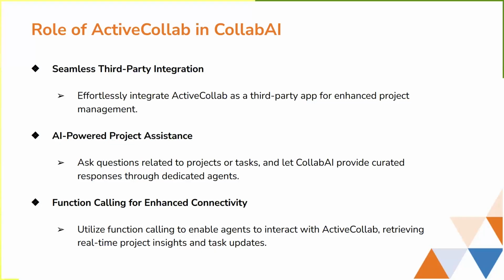It analyzes the response, and the response it gives you in a curated manner. So function calling actually enables the agents to interact with ActiveCollab to give you real-time data.